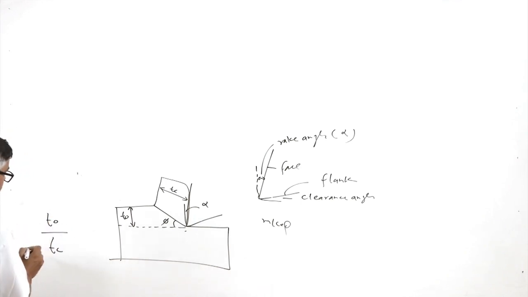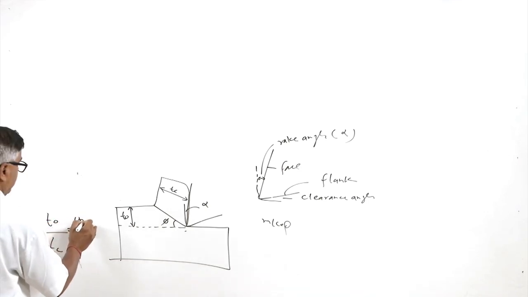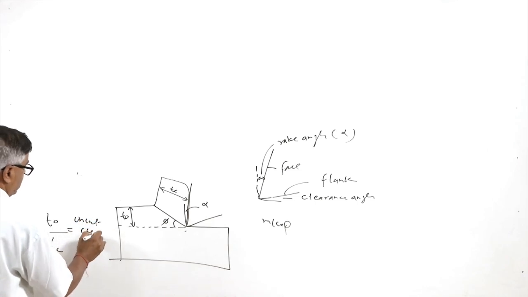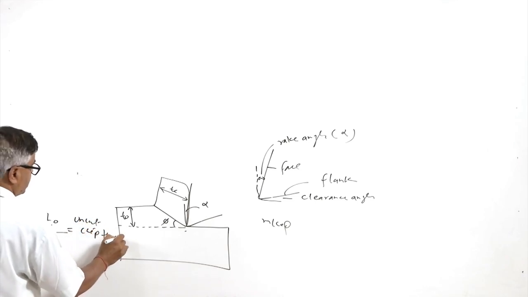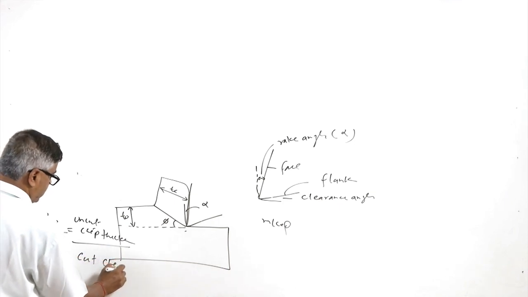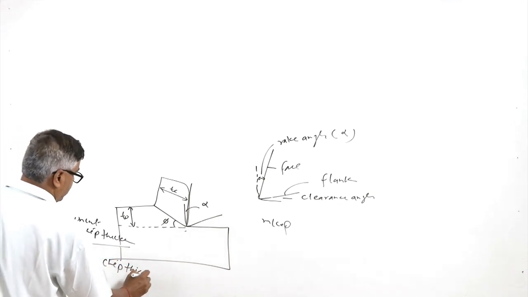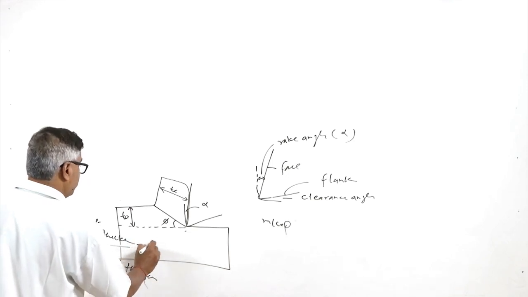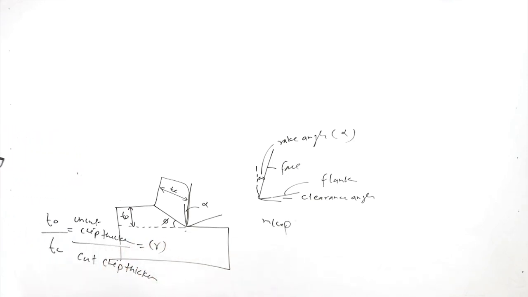The ratio of these two, the uncut chip thickness divided by the cut chip thickness, is commonly known as the chip thickness ratio.